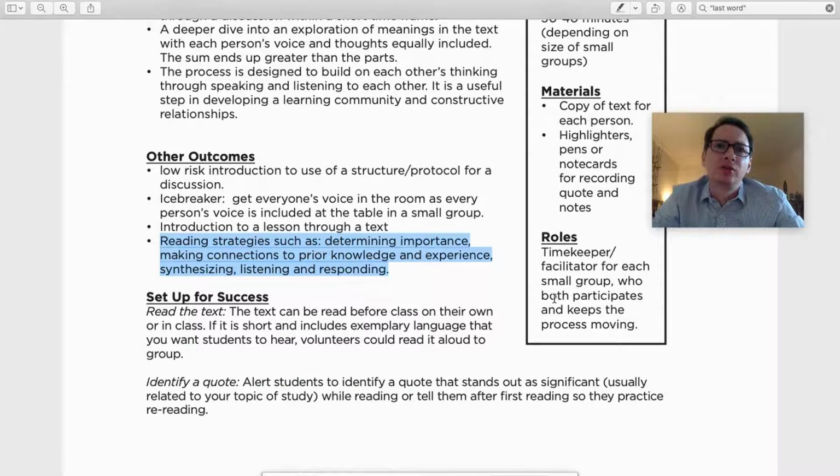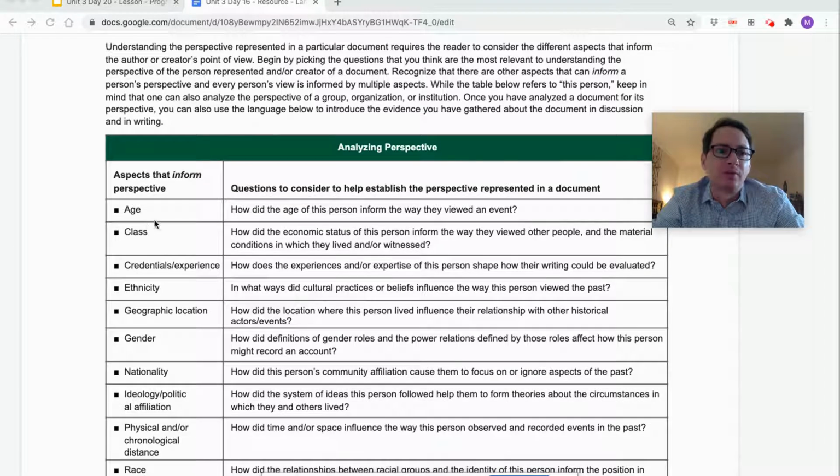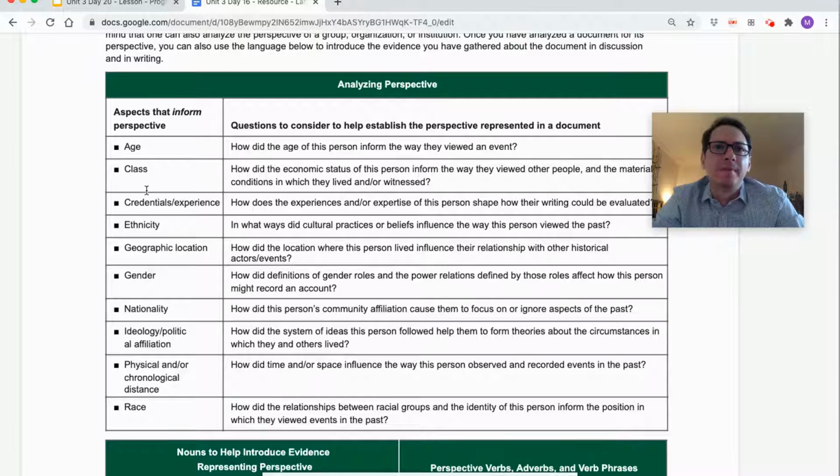If you think that your students need more practice with or exposure to the language of perspective, you can provide them access to the tool, which I'm going to pull up right here. After they are done with each of the readings, you can instruct the students to read through the array of aspects that inform perspective, which we can see listed over here on this left column.